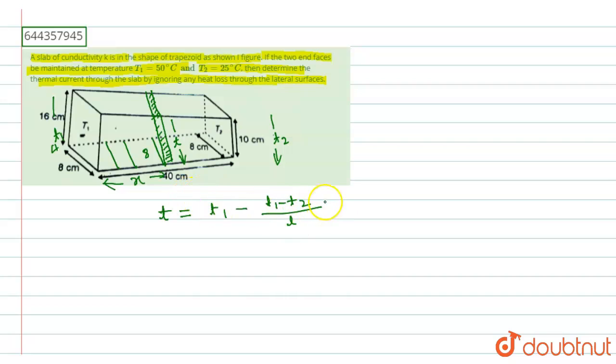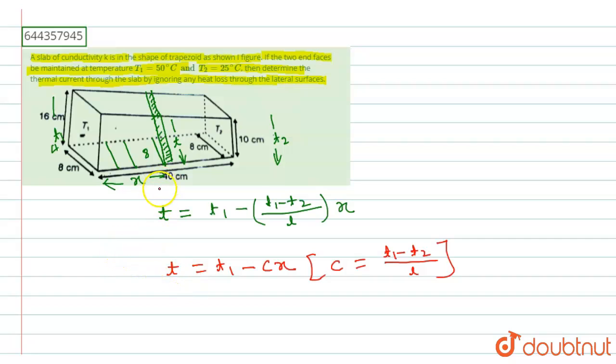L is 40 centimeter given and this is x we can assume. Clear? Now we can write t is equal to T1 minus Cx, where C is equal to (T1 minus T2) divided by L.